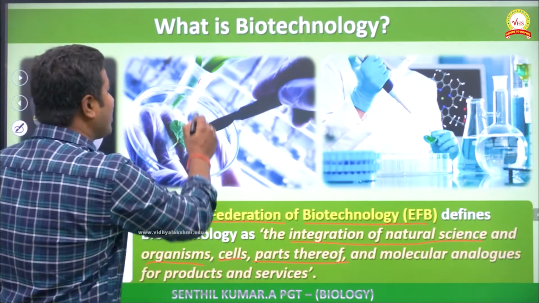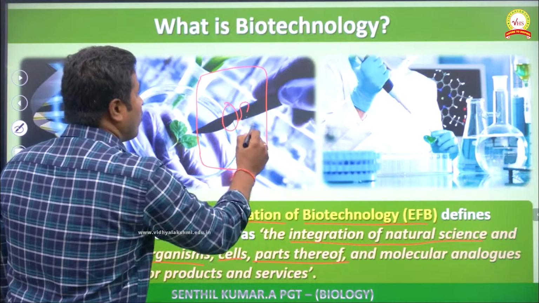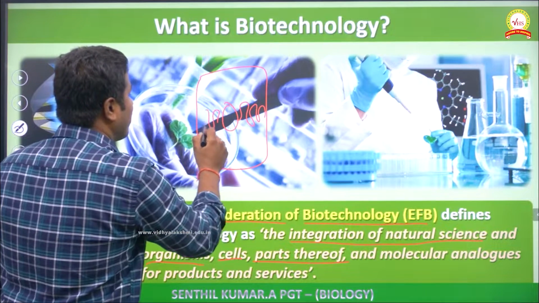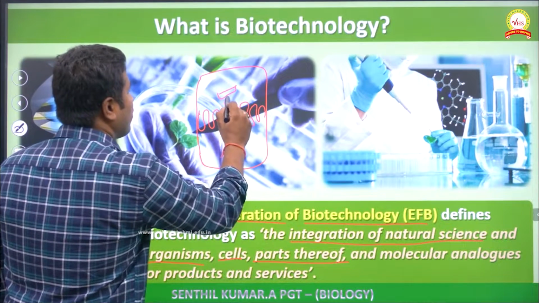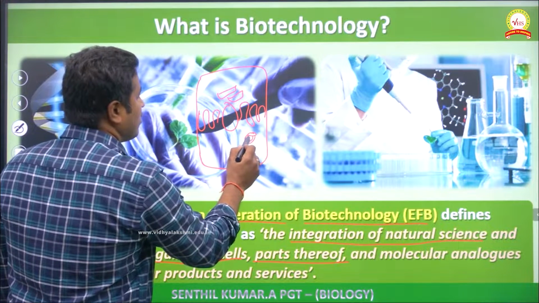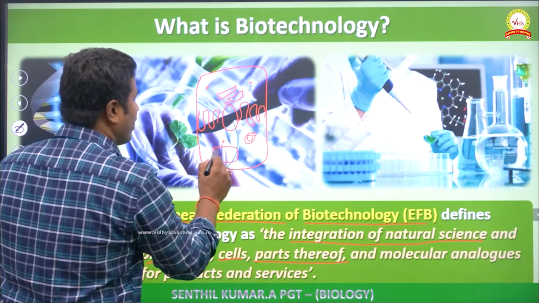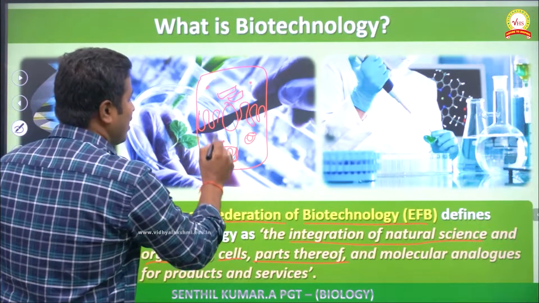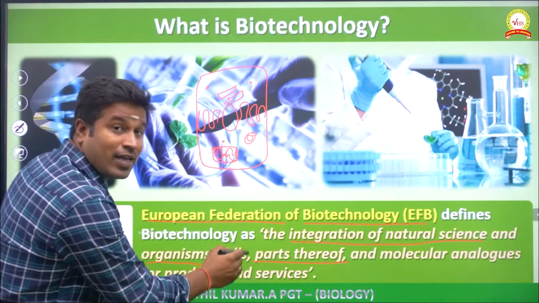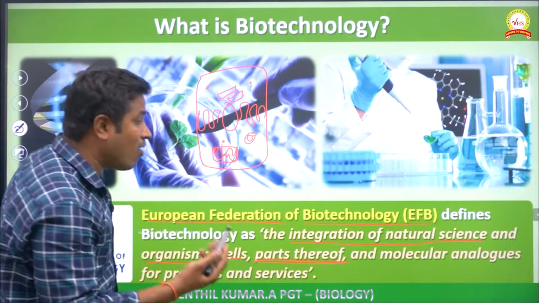Cell parts in the sense, for example in an animal cell: nucleus, endoplasmic reticulum, centrioles, Golgi apparatus and some ribosomes, mitochondria. These are all cell organelles, right? That is what is represented here as parts thereof, and molecular analogues.